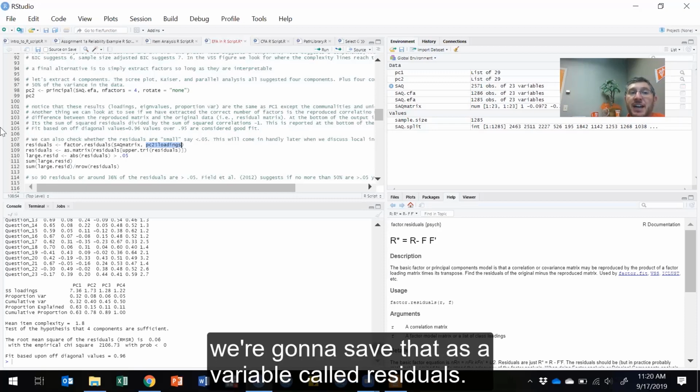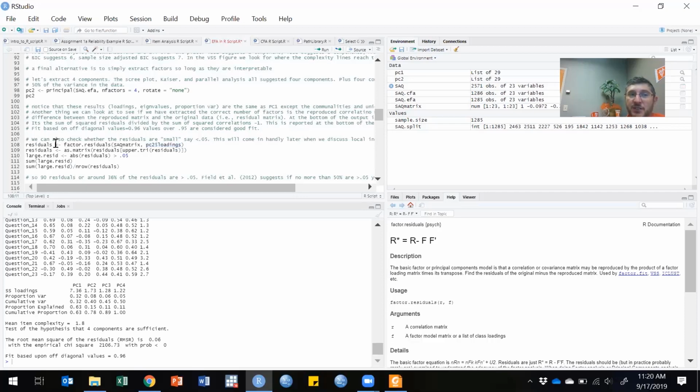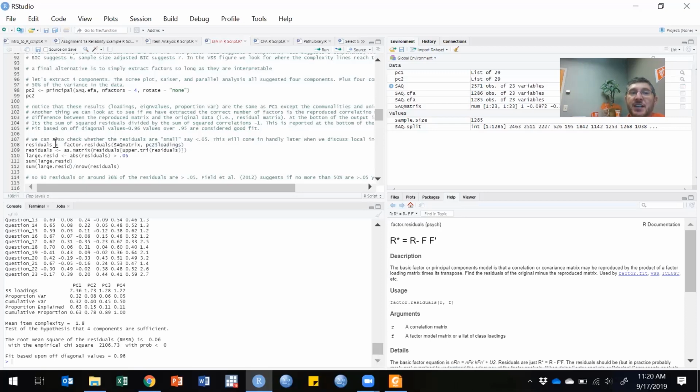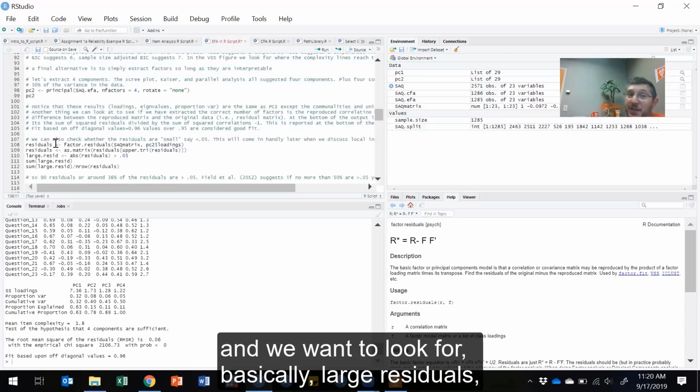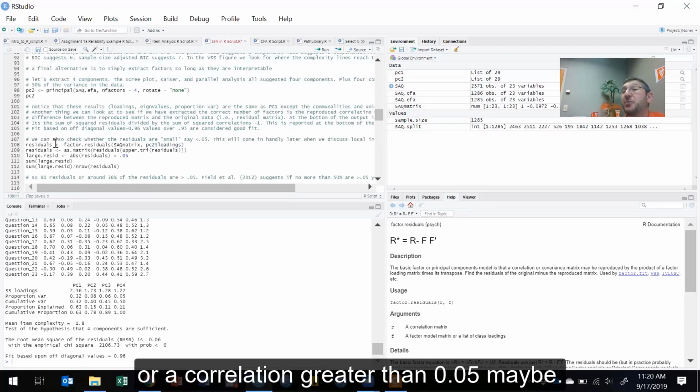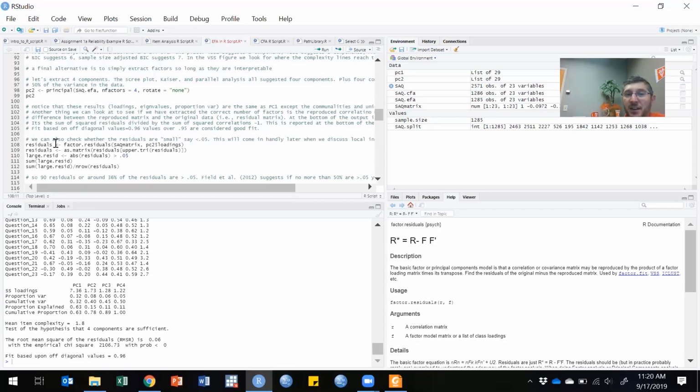We're going to save that as a variable called residuals. We then only want to take the upper half of it, and we want to look for basically large residuals. And we're going to define a large residual as a correlation greater than 0.05, maybe.